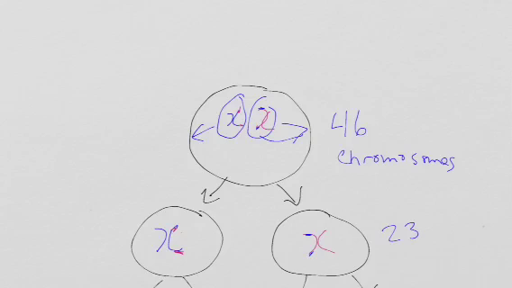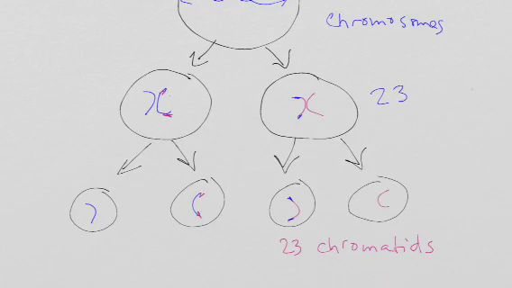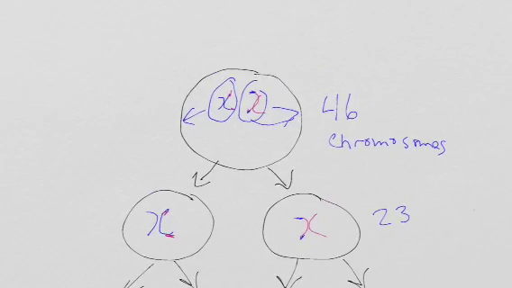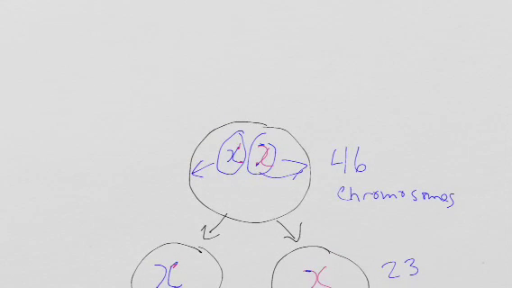You had 4 sister chromatids for every pair, and now you're down to only 1 sister chromatid of each chromosome. So this first cell here, how many sister chromatids would you have if you had 46 chromosomes? You would have 92 chromatids here.